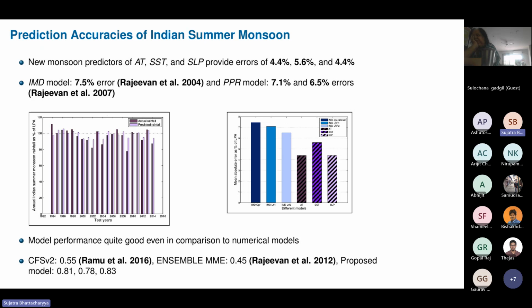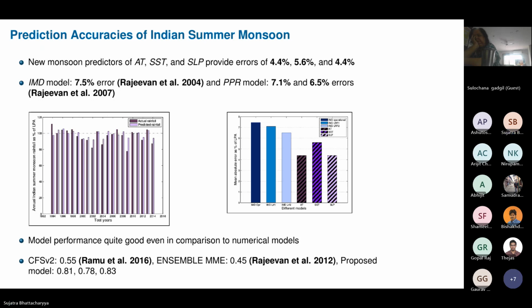So you're getting a much better model. And this is the comparison with the various combinations that we have used. You can see that it's doing much better than the regression model they have used.